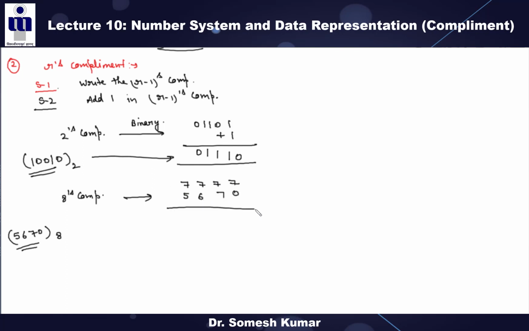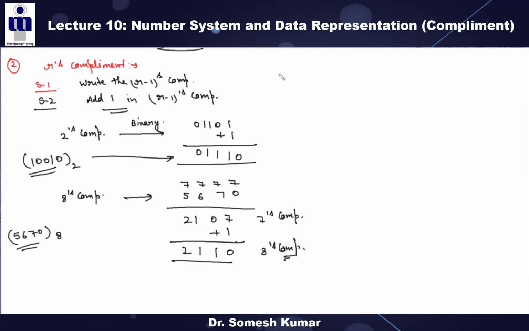This is your 7's complement. And for the 8's complement, what you have to do? Add 1 in this. So 7 plus 1 is 8, and how is 8 written in octal? 1 0. This is the 8's complement.